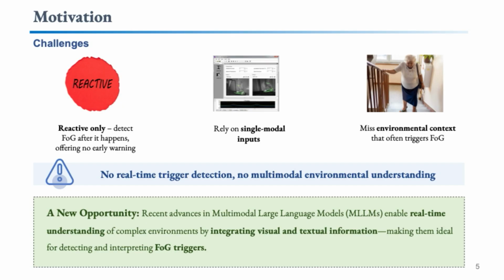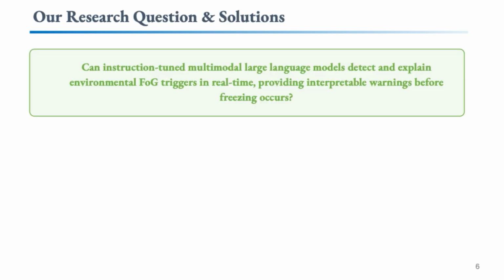By adapting these models through instruction prompts, we can tailor their insights to identify and interpret FOG triggers in real-world scenarios. This leads to our research question. Can instruction-tuned multimodal LLMs detect and explain environmental FOG triggers in real time, providing interpretable warnings before freezing occurs?